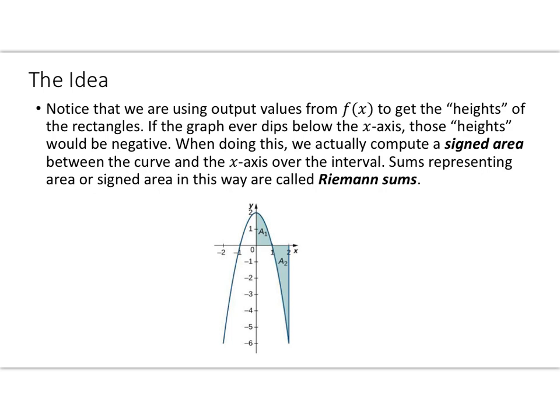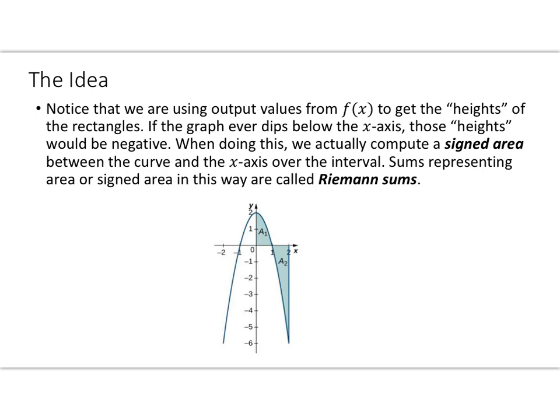It's important to remember that the area formula that we developed in section 5.1, that is, taking the limit of a sum of rectangular areas, gives us not area but rather signed area.